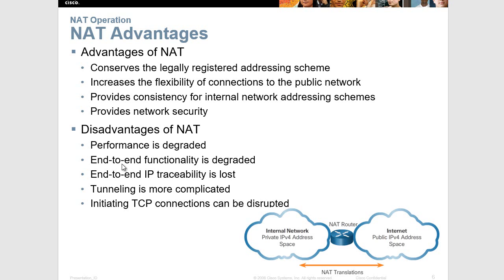Okay. Disadvantages: performance is going to be degraded to an extent. Processes that require higher quality of service, that's right, QoS, will be more impacted by this in that there's going to be some calculations that need to go on to translate from a private IP address to a public IP address.